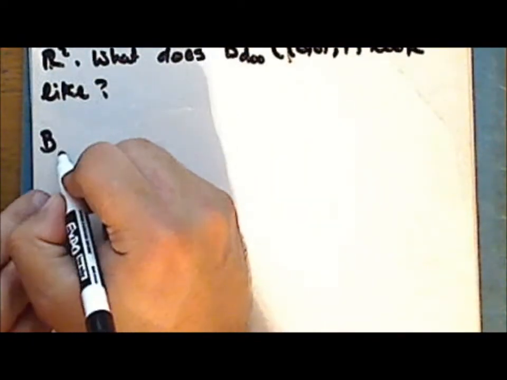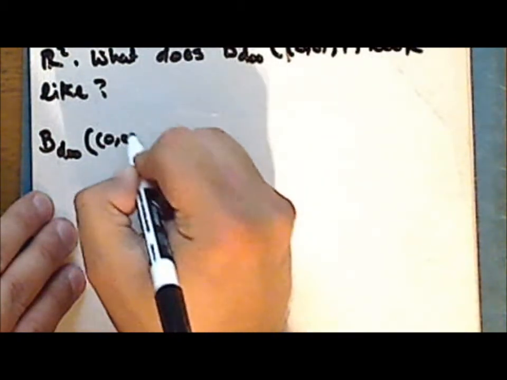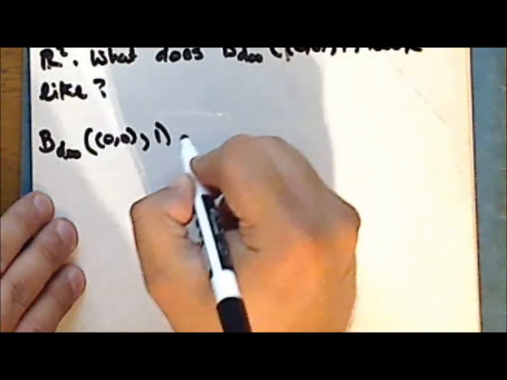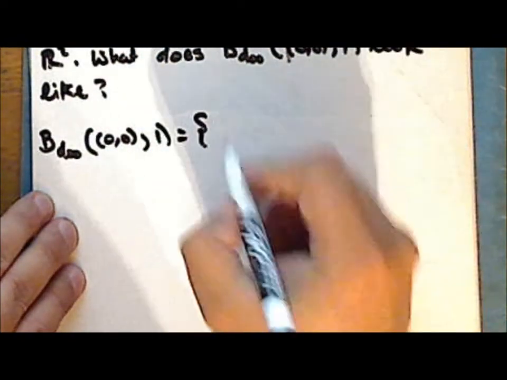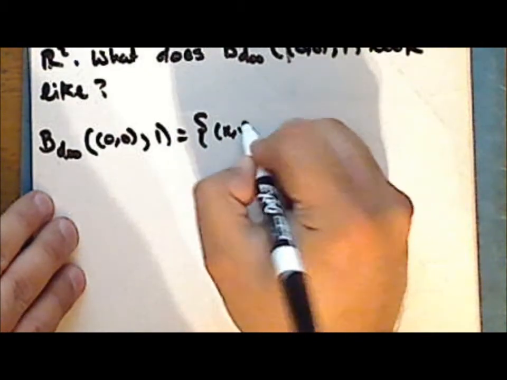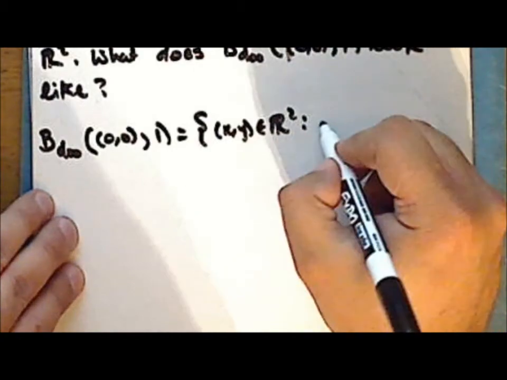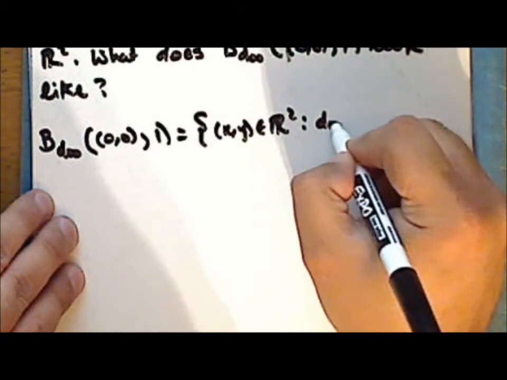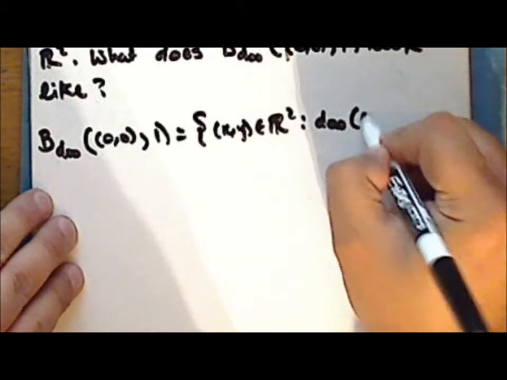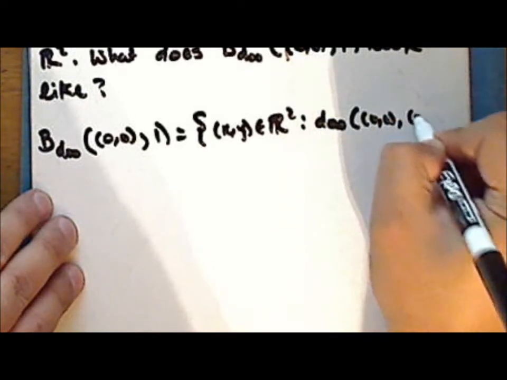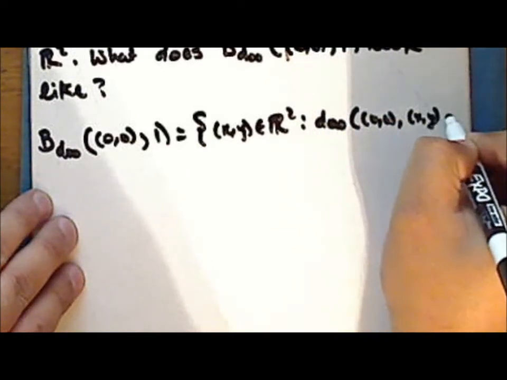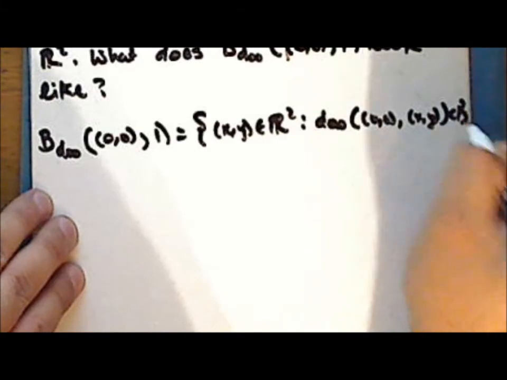The open ball in the square metric centered at 0, 0 with radius 1 is the set of all ordered pairs x, y in two-dimensional real space such that the distance in the square metric between 0, 0 and x, y is less than 1.